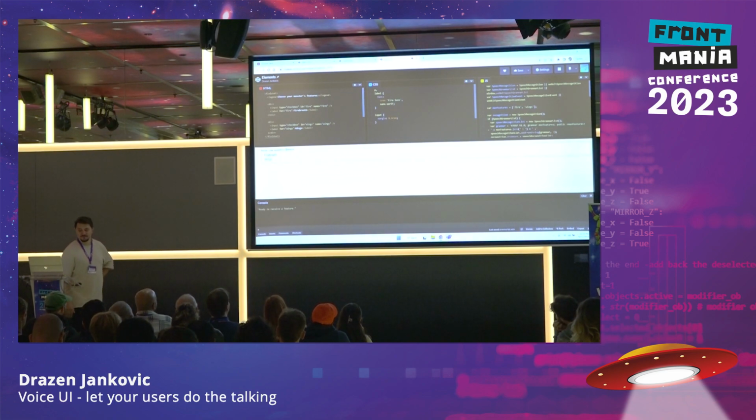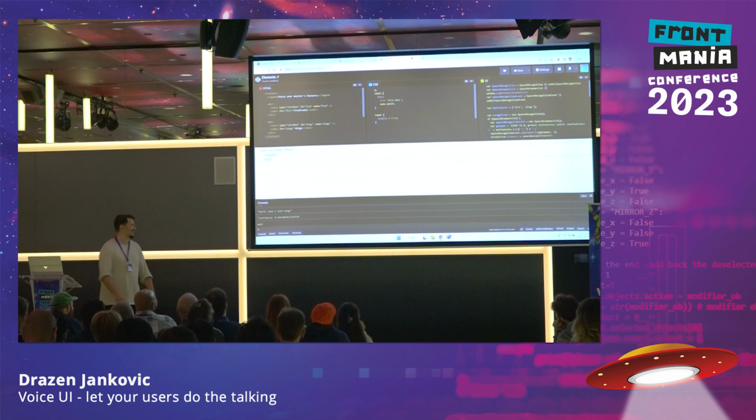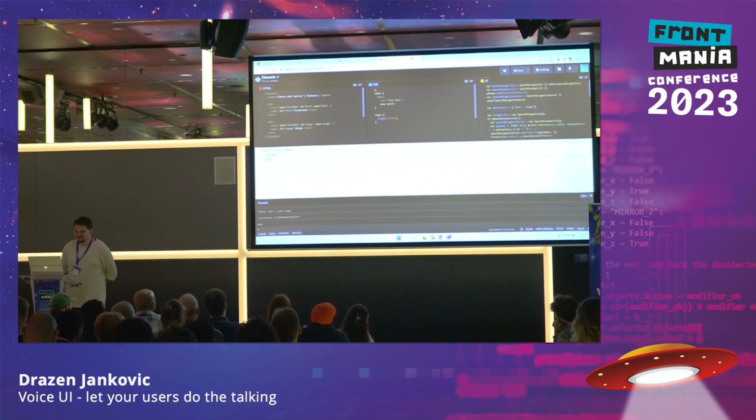Wings. I said wings. Oh, thanks for writing down, I said wings. Cool. Wings. Fire. There we go. Again, don't speak with accents if you're trying to do voice.